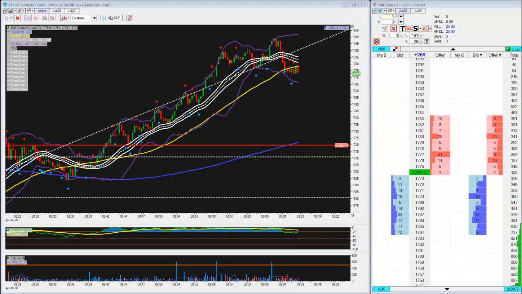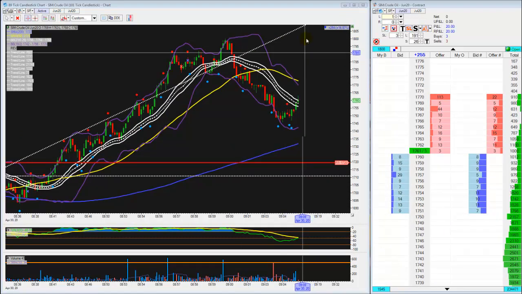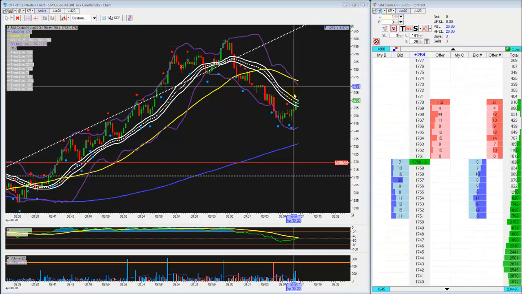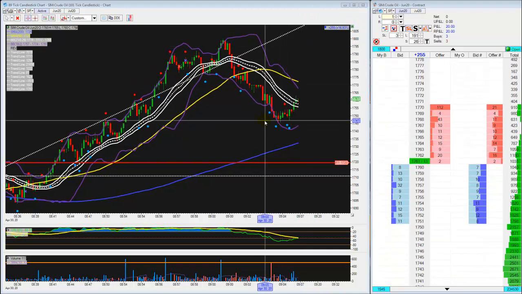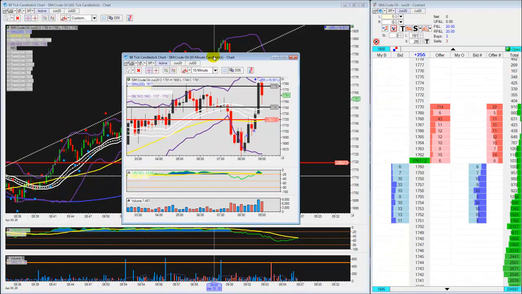Gonna pause. Alright, so that down move went down to the 45-degree angle and then it's coming back off of it again. Talked about that. So let's move this over.